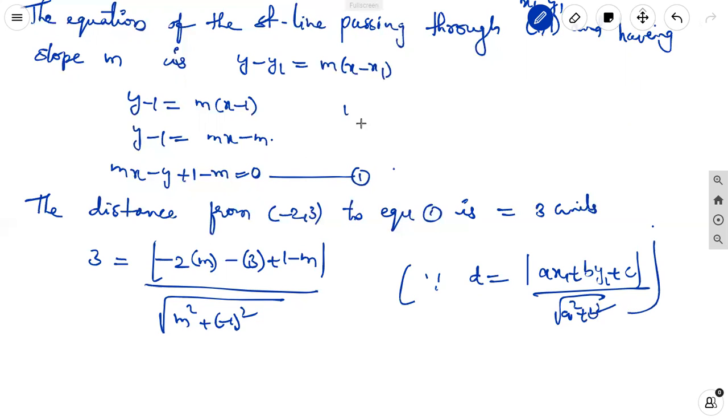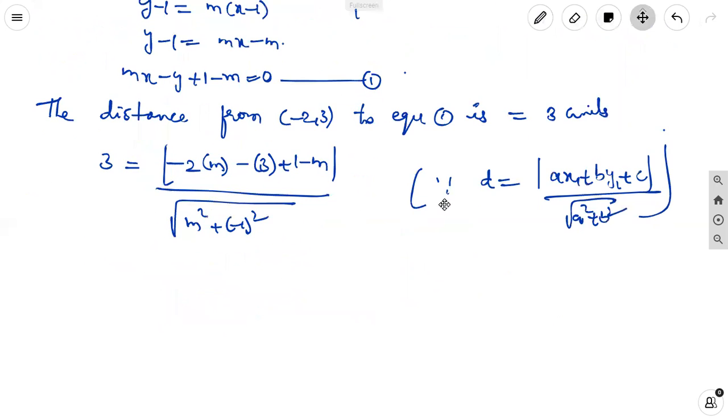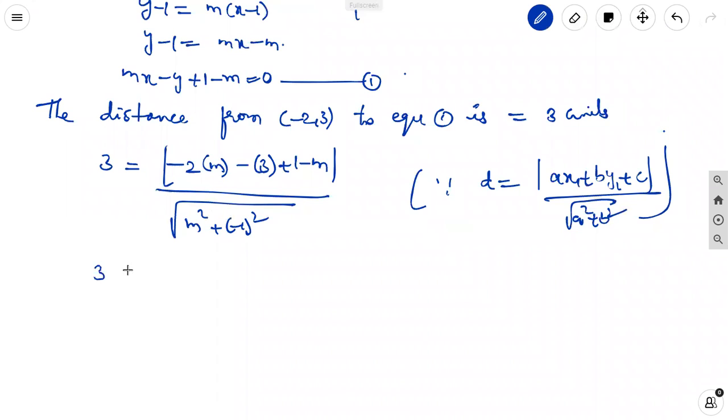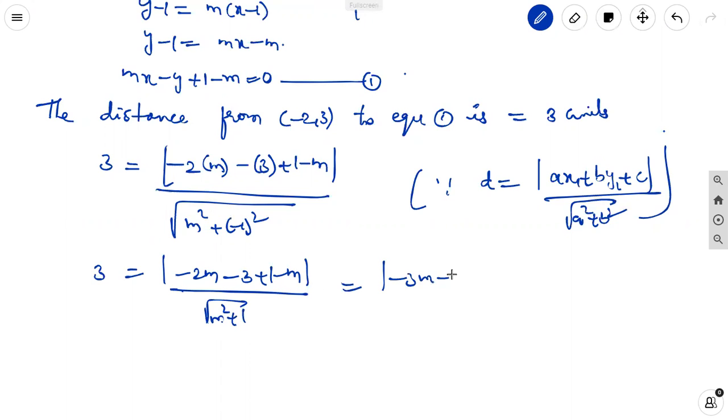So from that, at first we can simplify it. 3 equal to modulus of minus 2m minus 3 plus 1 minus m by under root of m square plus 1. It is equal to modulus of minus 3m minus 2 by under root of m square plus 1.